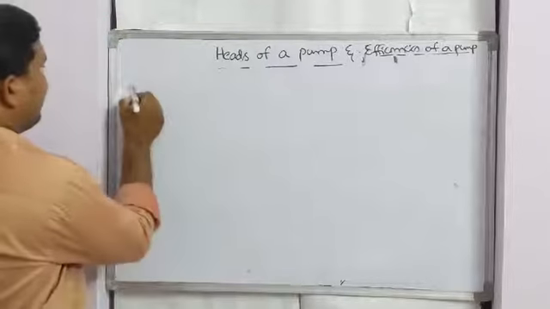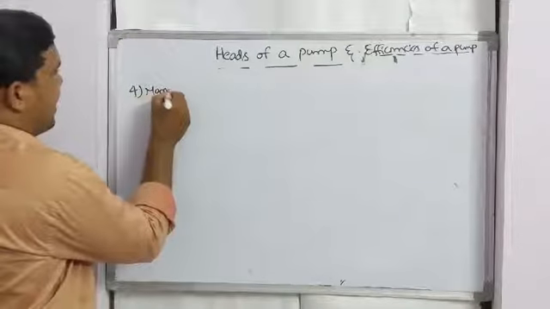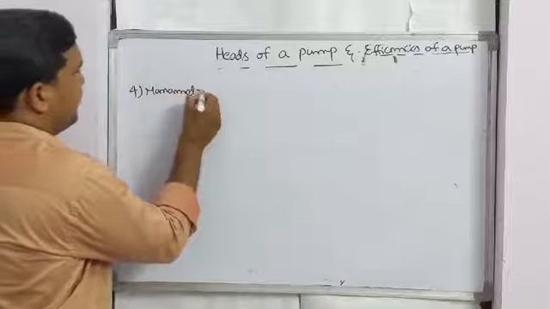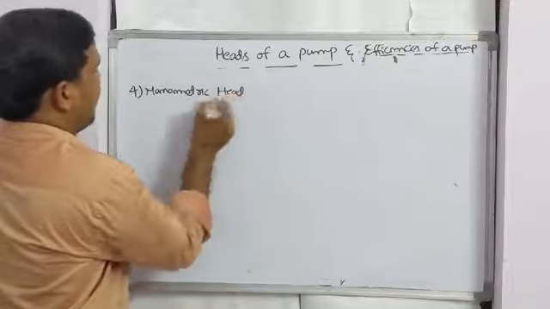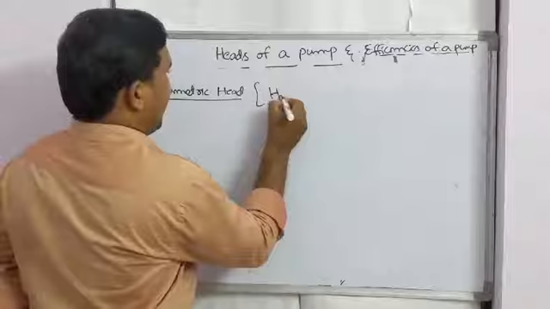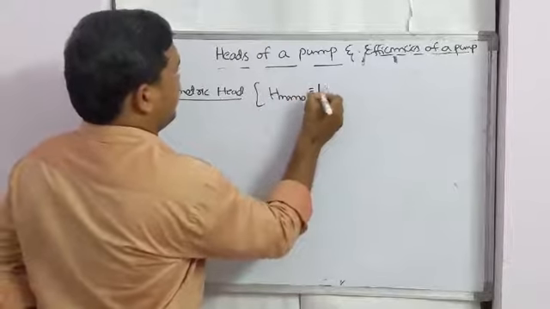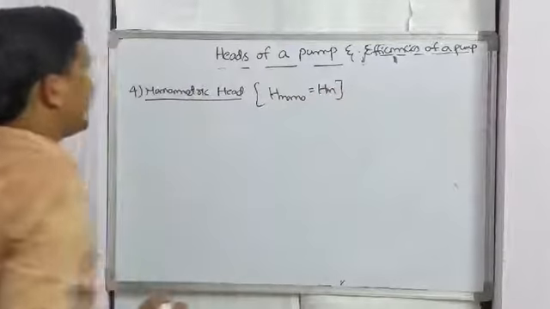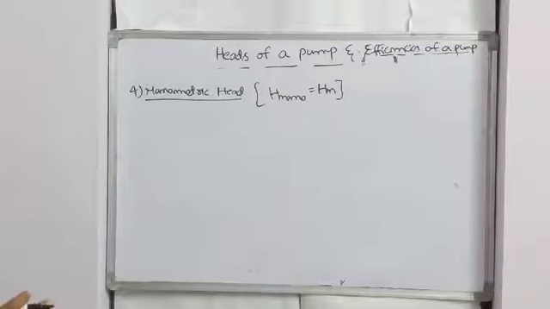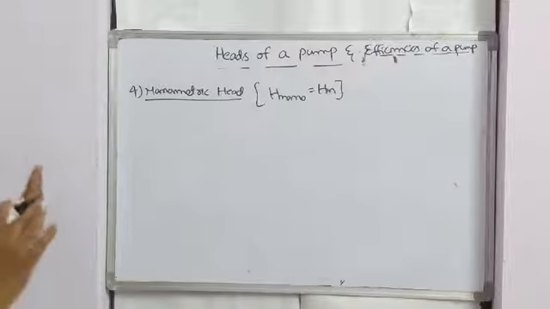The fourth one is the manometric head, H mano or HM. The manometric head is nothing but the head against which a centrifugal pump works.